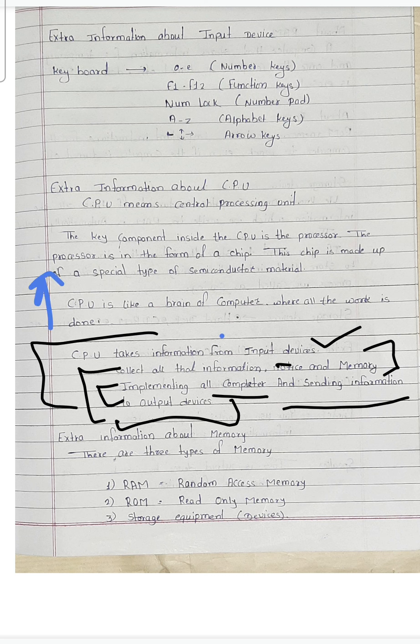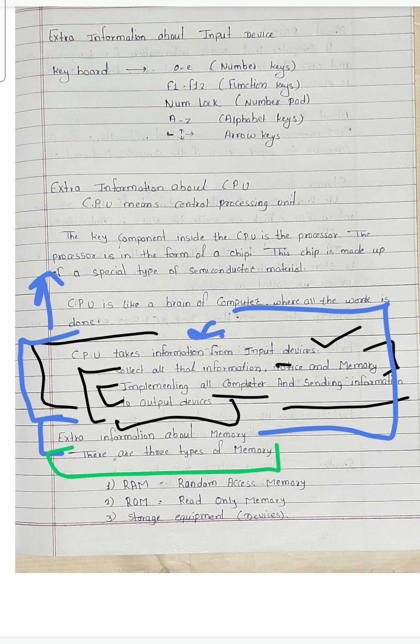In the first part we learned about it deeply, so you can see that part to understand the meaning of this concept. The next one is extra information about memory. Memory means where all the information given by the input devices is written.